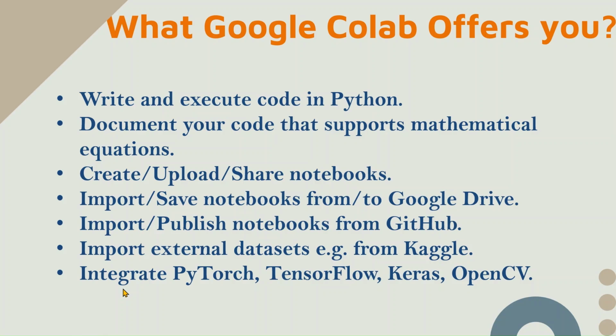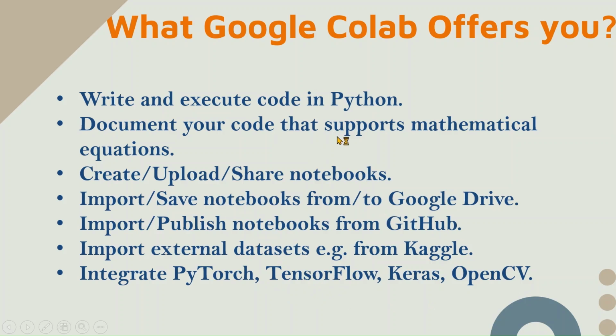The second one is TensorFlow. It's also a deep learning framework by Google, used in production and research. Then Keras is a high-level API for building neural networks. Then we have OpenCV, an open source computer vision library used for image and video processing. Now, all these things can be integrated with Google Colab.